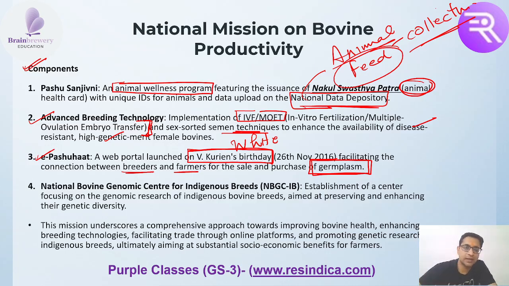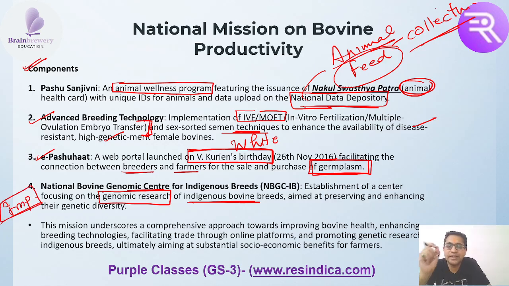Then the fourth one is the National Bovine Genomic Center for Indigenous Breeds. Now, what is this National Bovine Genomic Center? This is a very important center where genomic research, genetic research will be happening on indigenous bovines, because that is very important in order to find out what type of breed is best suited for our Indian environment.